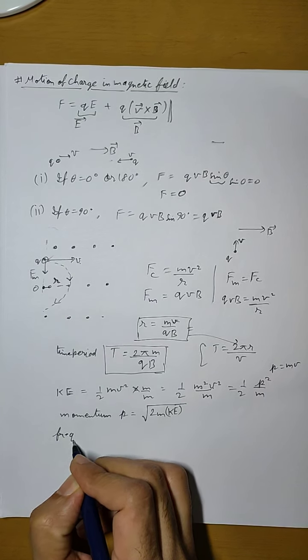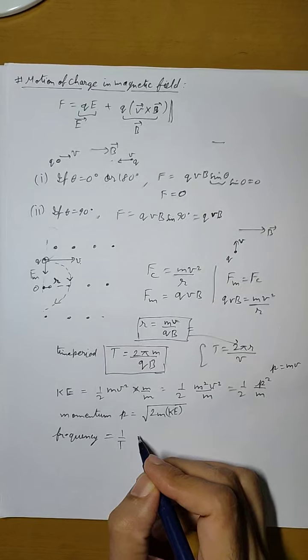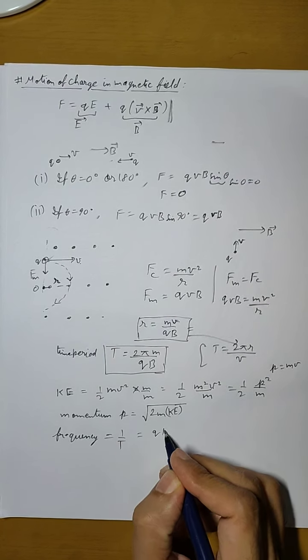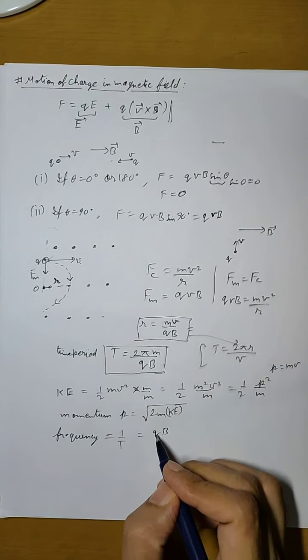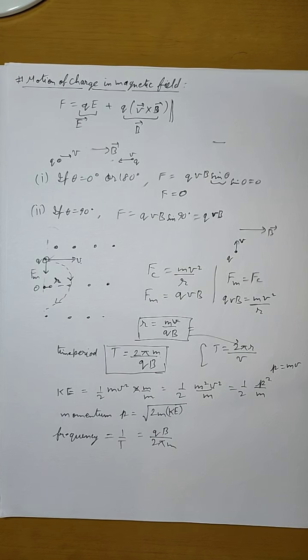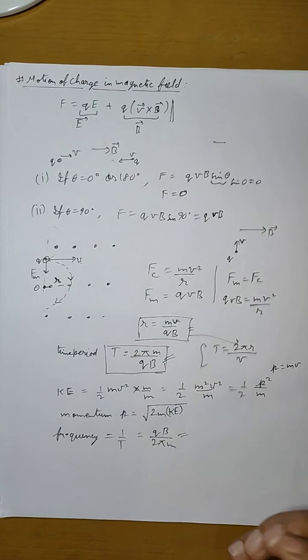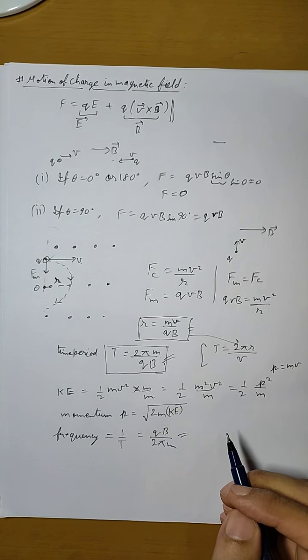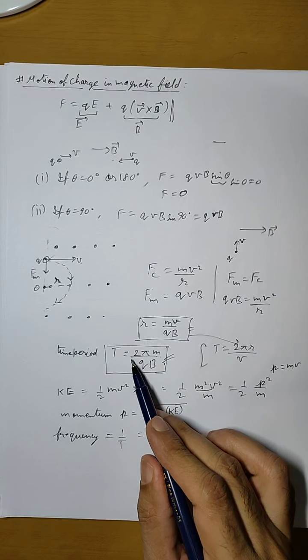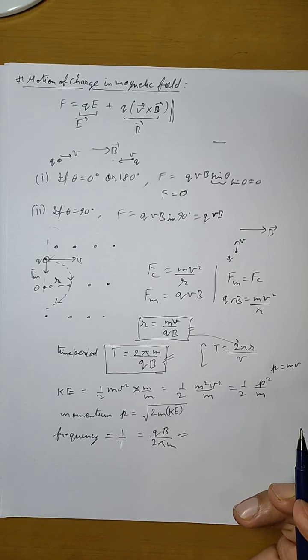Frequency, if it is a time period, it will have some frequency. Now we know that frequency equals 1 upon time period, so it is fairly easy to find. Reciprocal of this will be qB upon 2 pi m. So as we can see that both time period and frequency do not depend on the velocity of the particle. There is no term here of velocity.